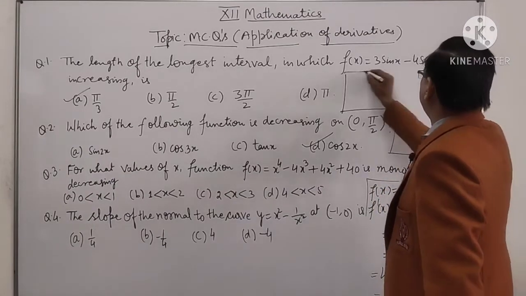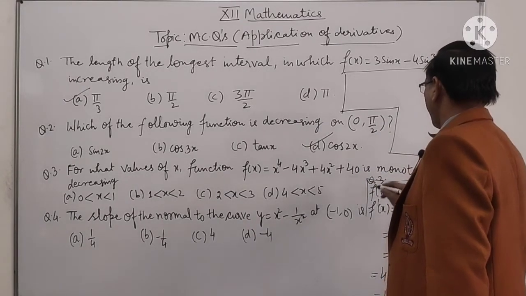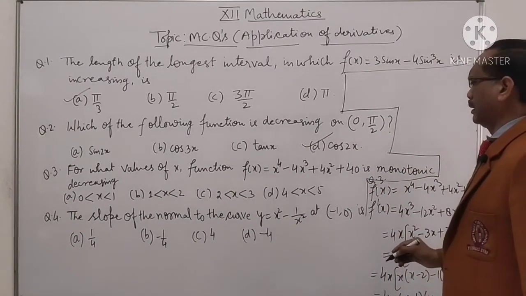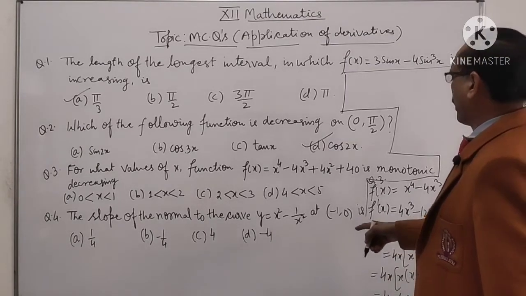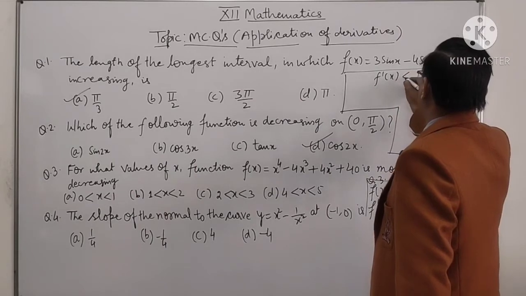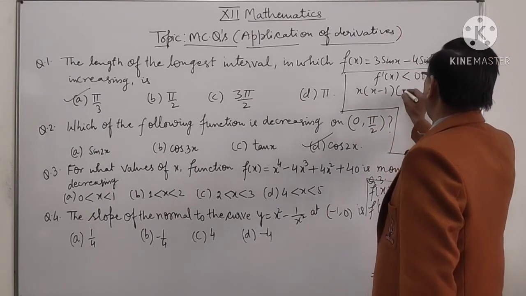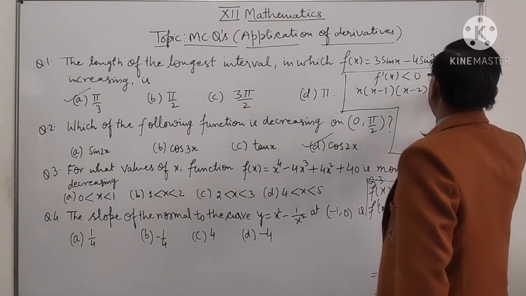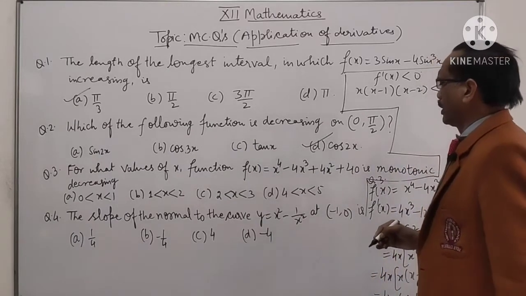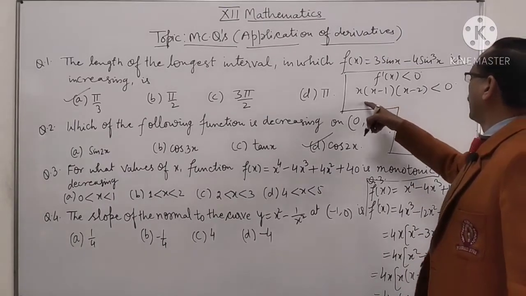Now let us see question 3. For decreasing, f'(x) is less than 0. It means x(x - 1)(x - 2) is less than 0. Now, let us see the condition.